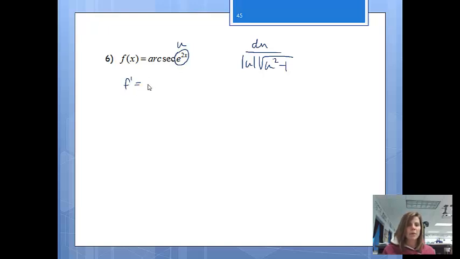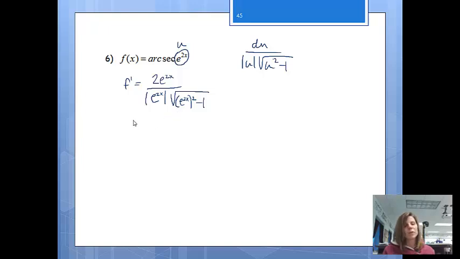And so when I'm finding the derivative of e to the 2x, it will be 2 e to the 2x, because remember the derivative of e to the u is e to the u du. We can't forget all of our old formulas when we're doing the new formulas. And then the absolute value of u, so we'll do e to the 2x, and then the square root, and then we've got u squared minus 1, so it's going to be e to the 2x squared minus 1.